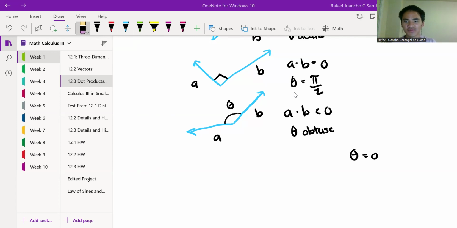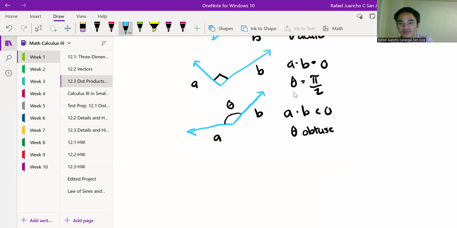So cosine theta is 1. And basically, if cosine theta is 1, their dot product is equal to a multiplication of both their lengths.